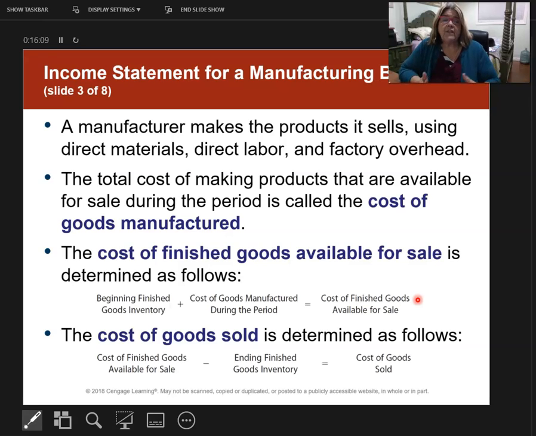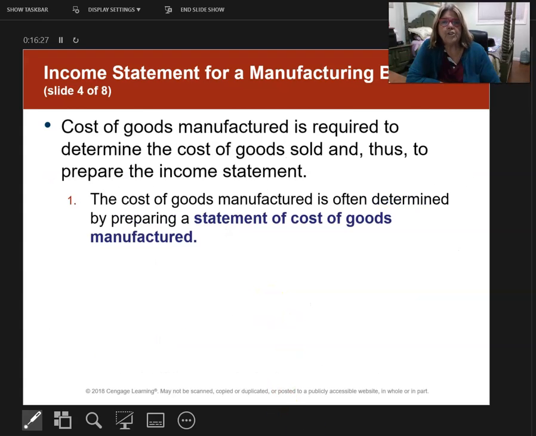Now, finished goods are things I can sell. And then the cost of goods sold is the cost of my finished goods minus what's still on my shelf. So this cost of goods manufactured is new. In actuality, we're going to have a statement of cost of goods manufactured.